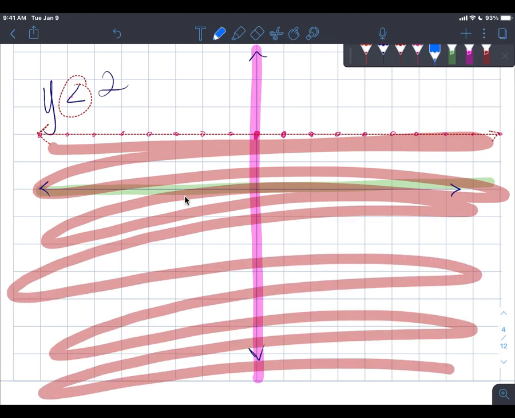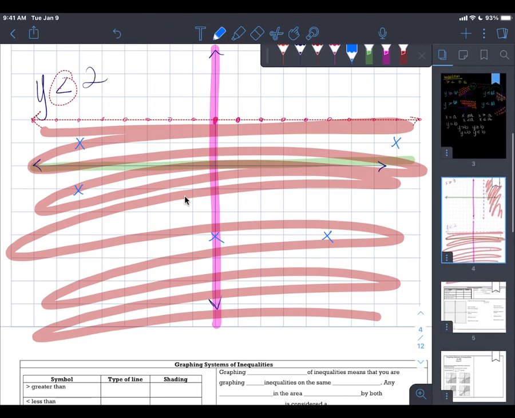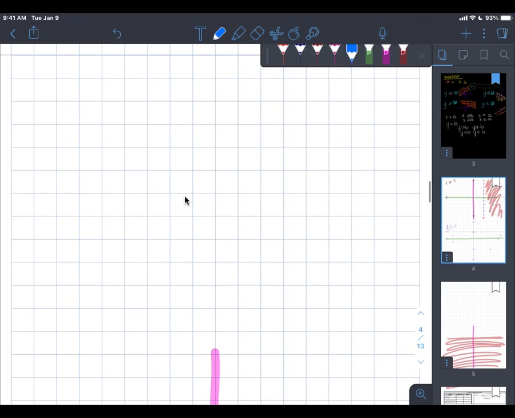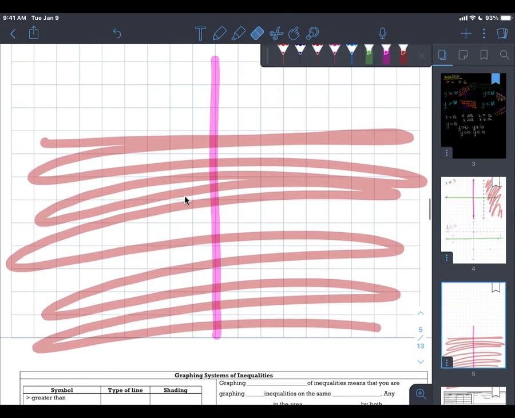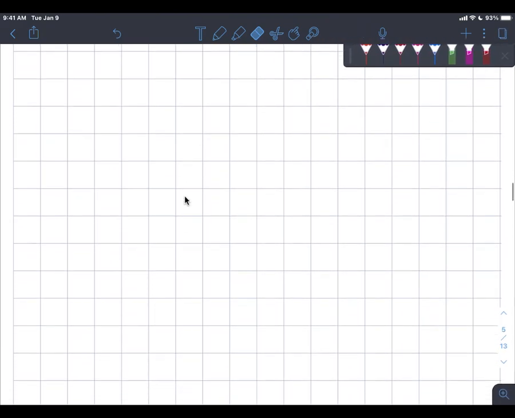Okay, if they ask me where are the solutions, anything inside of this shaded area, not on the dashed line. Now, another interesting point to note about this is that we can graph multiple of these onto one graph. The same exact rules apply.